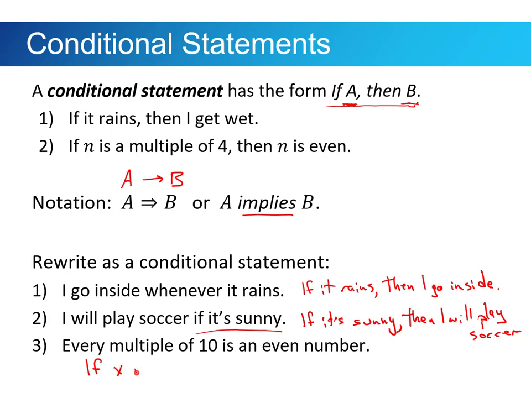Say if x is a multiple of 10, then x is an even number. I'll just say x is even. There we go. So a lot of times we say statements that can be translated into if-then statements, and these are conditional statements.